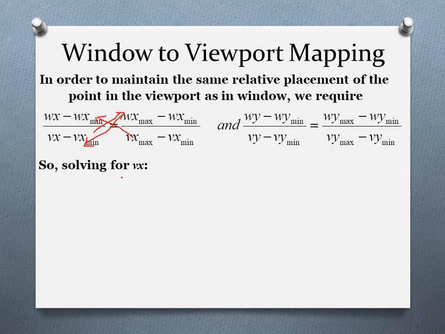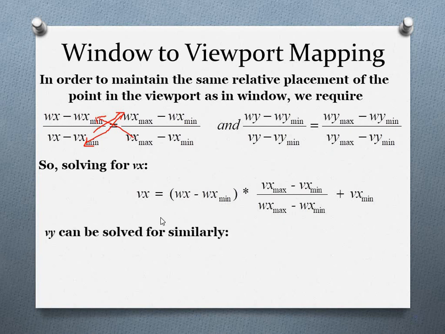In this way, after shifting, we will get the value of Vx like this. Just changing their positions from LHS to RHS and solving the equation for Vx, we will get this value. In the same way, we can solve the other equation to get the value of Vy. You can simply solve it in your register, and you will get the values of Vx and Vy. It is just simple equation solving.